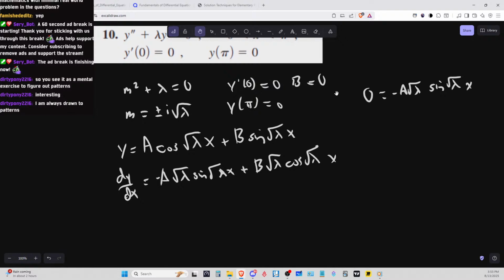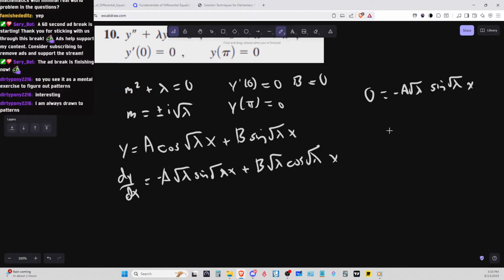So yeah, b would be 0, and then we're just doing this. Okay. Now, if sine, so if a is 0, then that's going to be boring. So if sine is 0, and we have 0 here, then practically that doesn't give us theta at all.